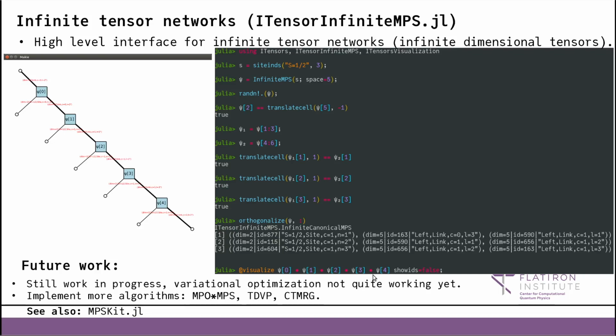Another package I'd like to point out that is in development is called ITensorInfiniteMPS.jl. The idea of this package is to provide a high-level convenient interface for working with infinite tensor networks.